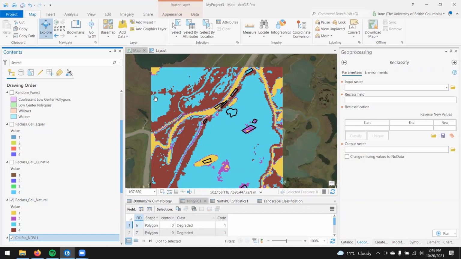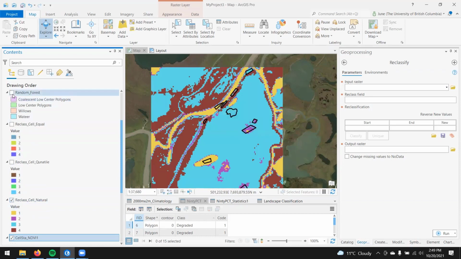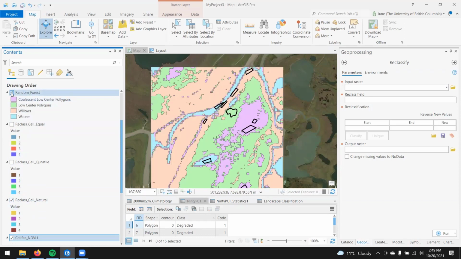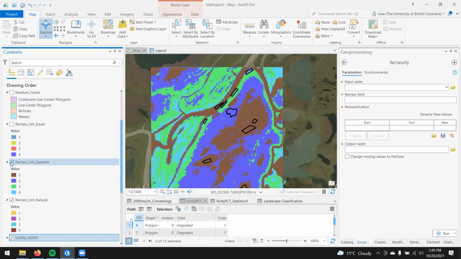So this scheme does a great job of highlighting the water features as distinct from everything else. It also does a pretty good job of highlighting the river levees and the upland terrain that has greener vegetation, which comes up on this image. But it doesn't distinguish between the two types in the center, which are an important distinction for what I'm researching. You can do the same thing with the quantile method.